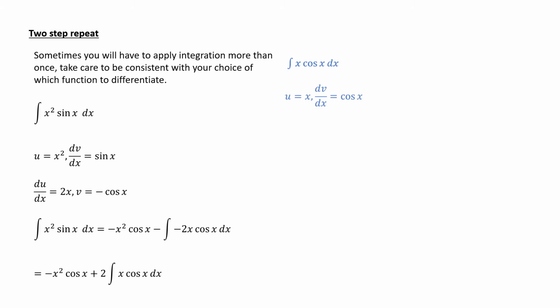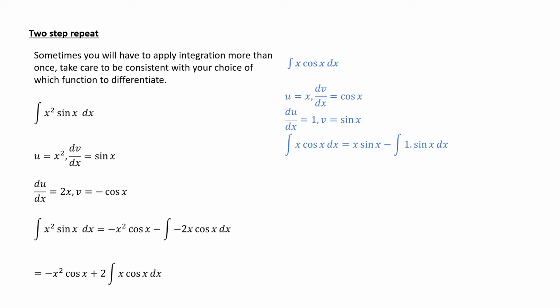So if u equals x in this particular case, you can clearly see what's going to happen here. dv by dx has got to be equal to cos x. So my differential of x is 1, and my integral of cos x is straightforward sine x. So my integral of x cos x with respect to x is equal to x sine x, uv, minus the integral of 1 times sine x.